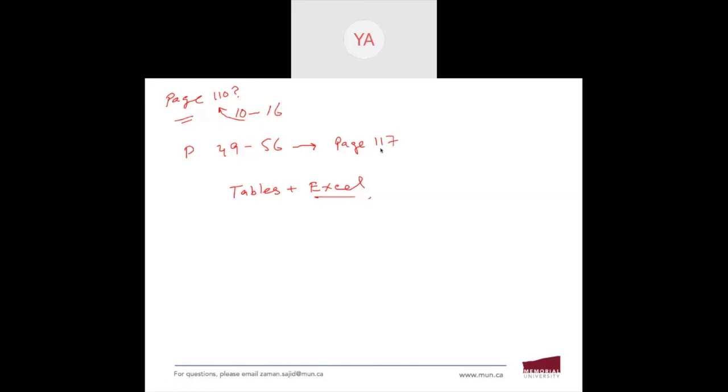Okay, folks, I will end this lecture if you don't have any more questions. In case you work on this, just try to work in Excel and the table both. It will give you some idea of how to work through both of them.